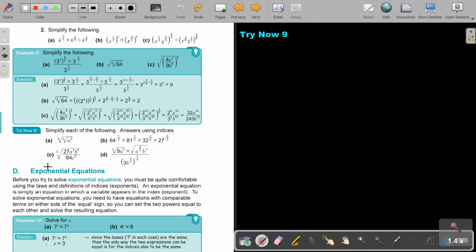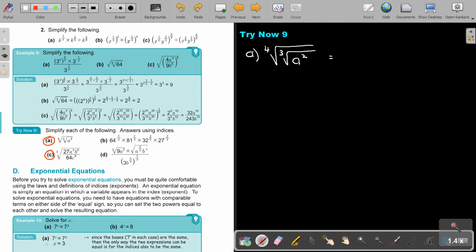I want you to stop the video, and I want you to do number 2. Do just number A, and do for me number C. Again, you can continue the video as soon as you are finished. So let's start with A. So this is 4, this is 3, this is a squared.